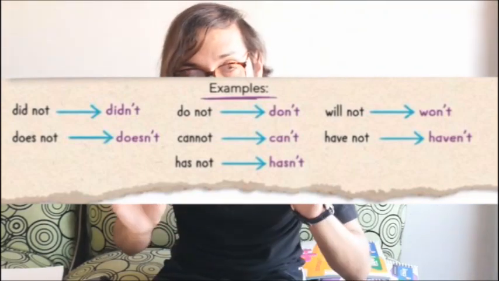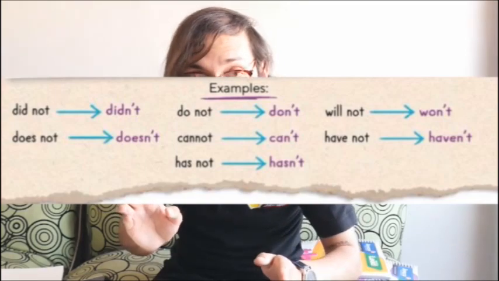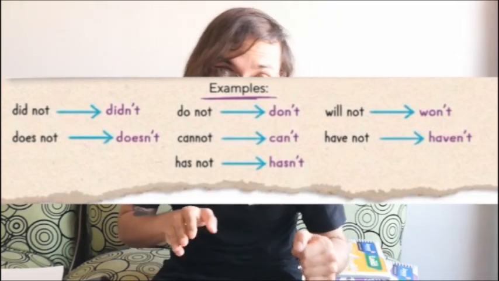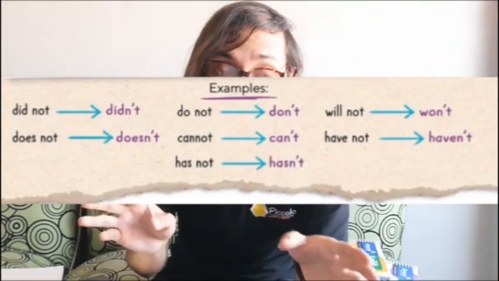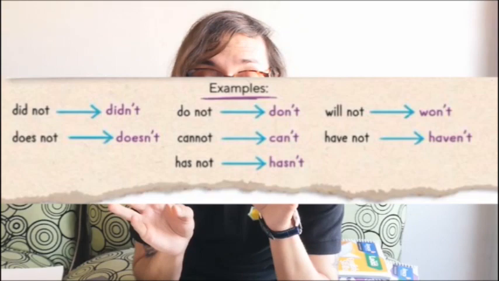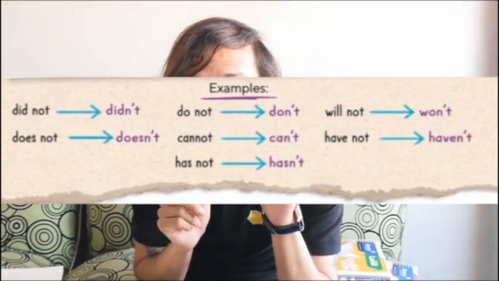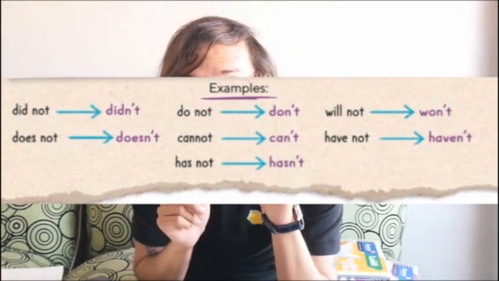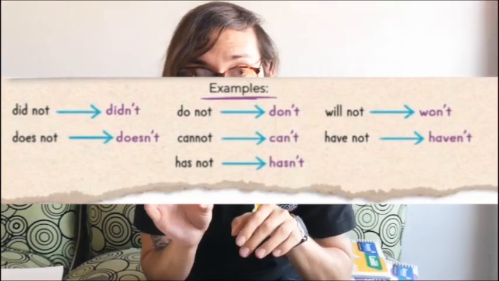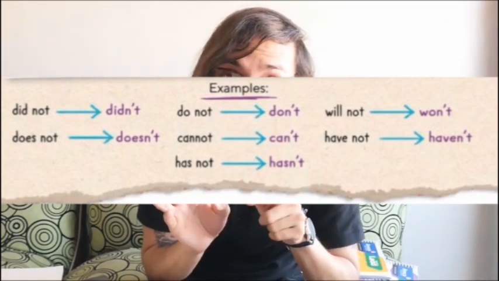You take the word, you drop the letter O. By the way, dropped means eliminate, right? So we have cannot. This is a special one because you are not only going to drop the letter O, but also one of the N's. So you take cannot, you drop the letter O and the letter N, and you add an apostrophe.